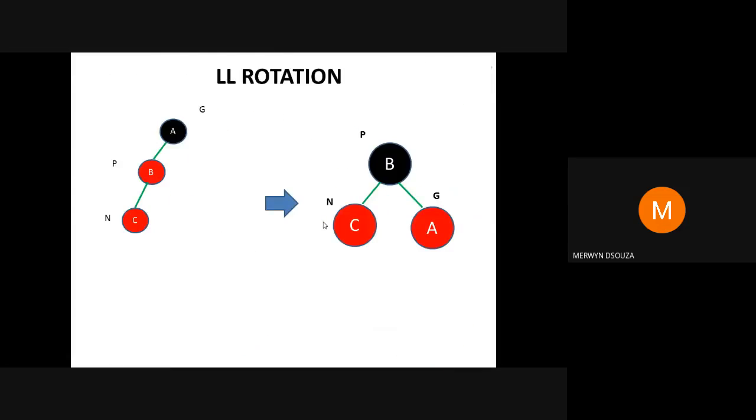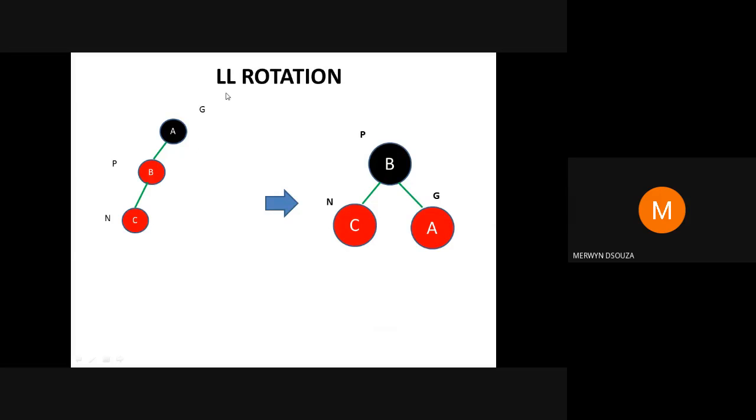We're just going to see how they are used to balance the trees. I need you all to copy down these rotations quickly in your books and refer to them when we use them in the future in the same lecture.